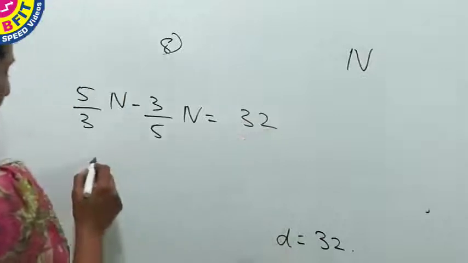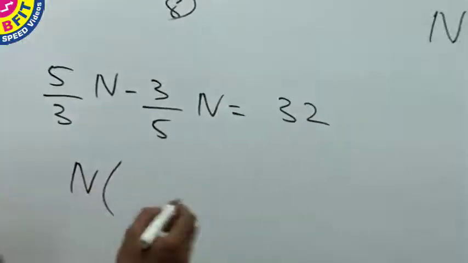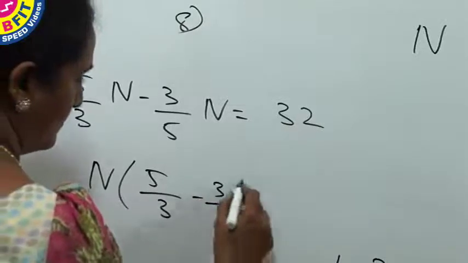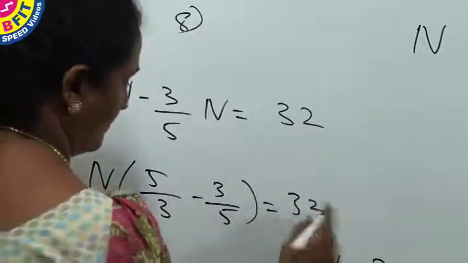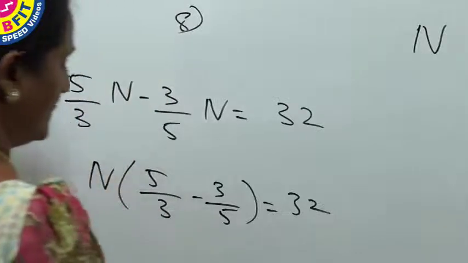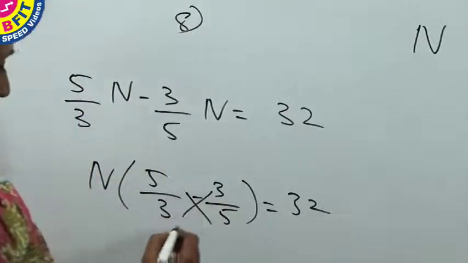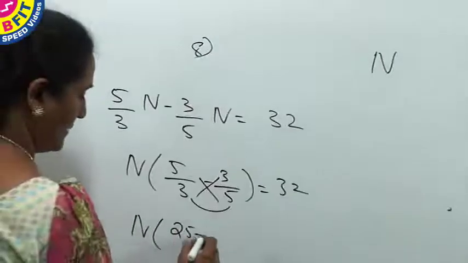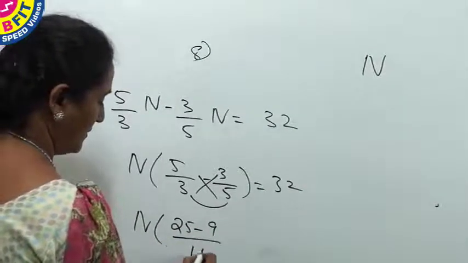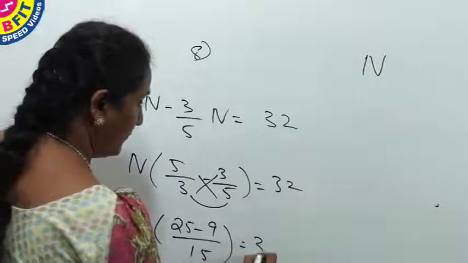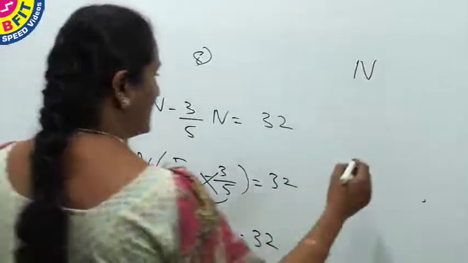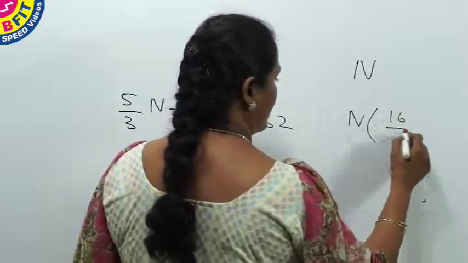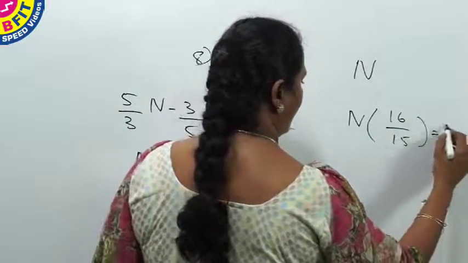To find the number, subtracting these fractions, we get 25 minus 9 by 15, which is 16 by 15 times n equal to 32.